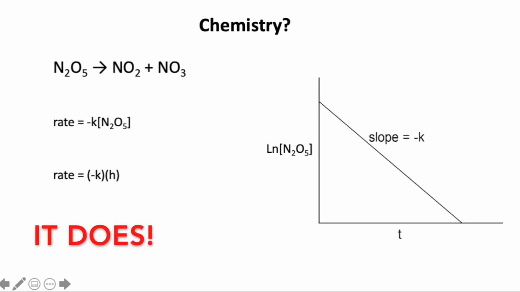It does. The reaction is said to be first order since it depends on the first power of the dinitrogen pentoxide concentration. In general, if we plot the log of the concentration of some species X versus time and obtain a straight line with a negative slope, we know that the reaction is first order in X. This is how information about the rate law is obtained from an experiment.